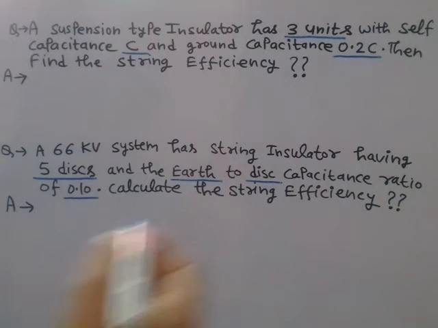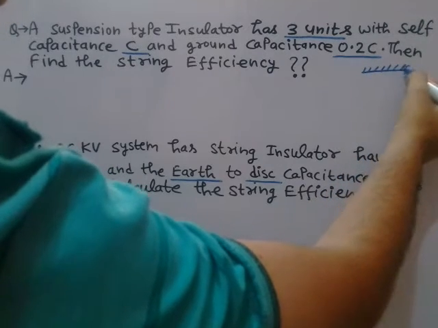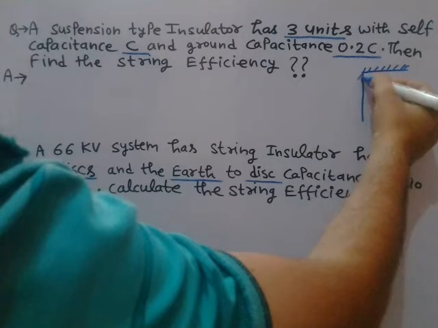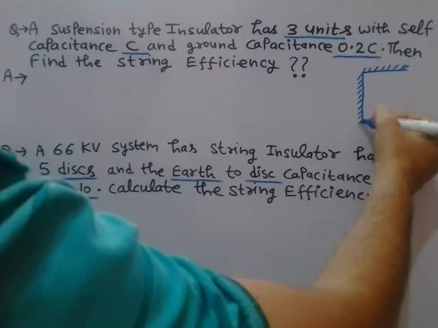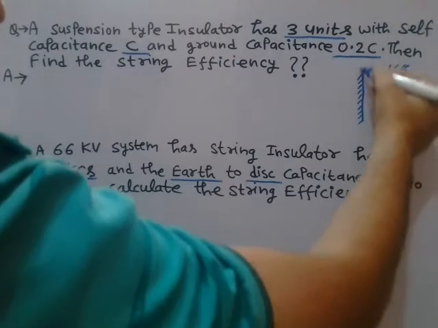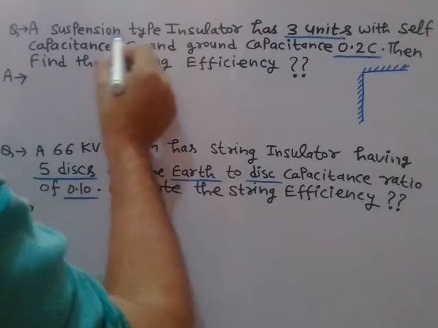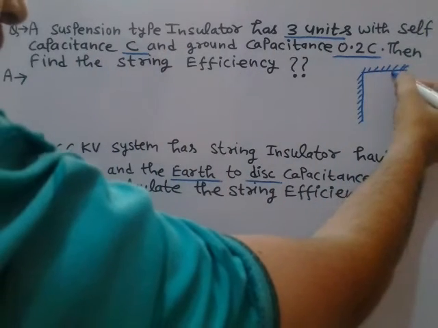So let us first draw the diagram. Basically, this is the cross arm and this is the grounded tower body, and the suspension type insulator is having 3 units.